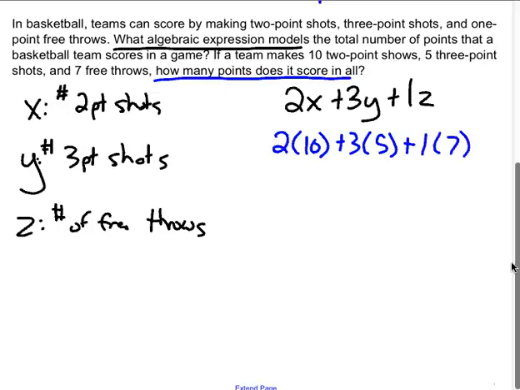And so looking at this, 20 points there, 15 points there, 7 points there. So at the end of the game, they got 42 points.